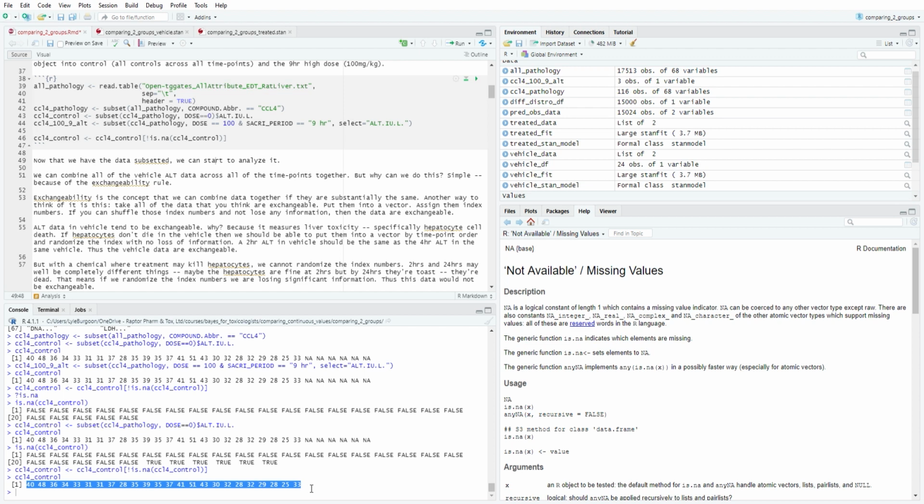That's cool, because if I were to put them in time point order and then randomize the indexes, it wouldn't change how I work with this data within the analysis. I know that vehicle is not causing hepatotoxicity. I know that vehicle is not increasing the ALT outside of the normal range. Therefore, they are exchangeable.